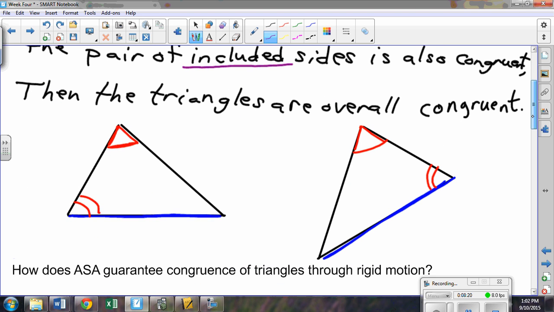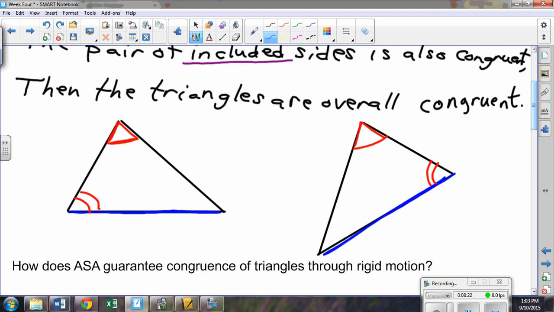So when we look at these 2 parts, how we've got the 1 arc and the 2 arcs in the red, in order to use angle side angle, it can't be that pair. We would have to have the side in between them.